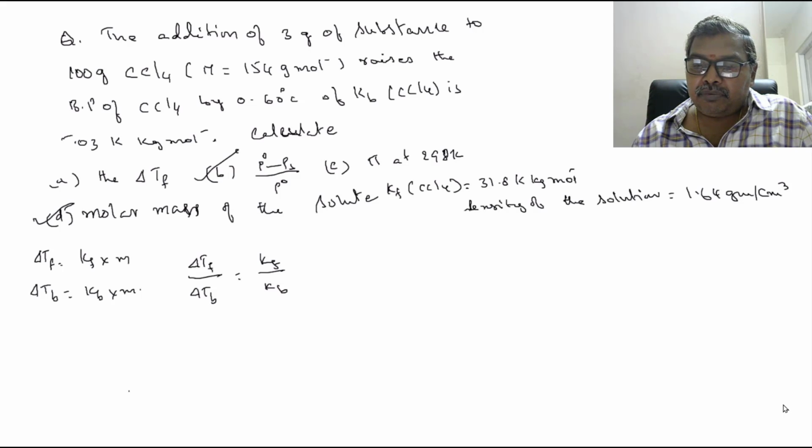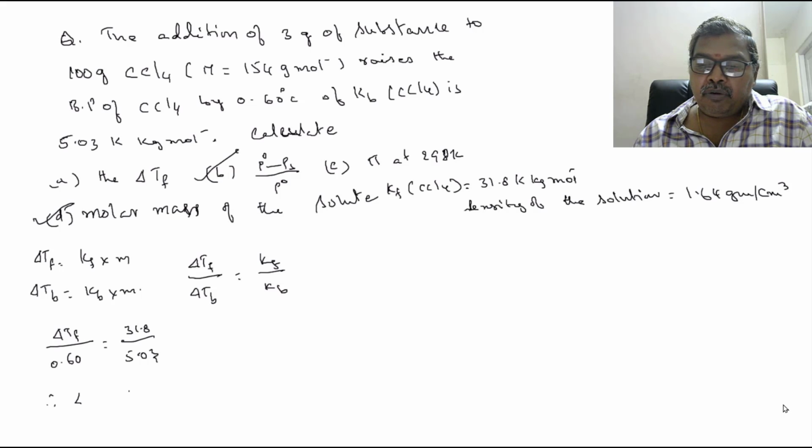Delta TF by delta TB is 0.60, the Kf value 31.8 by the Kb value 5.03.